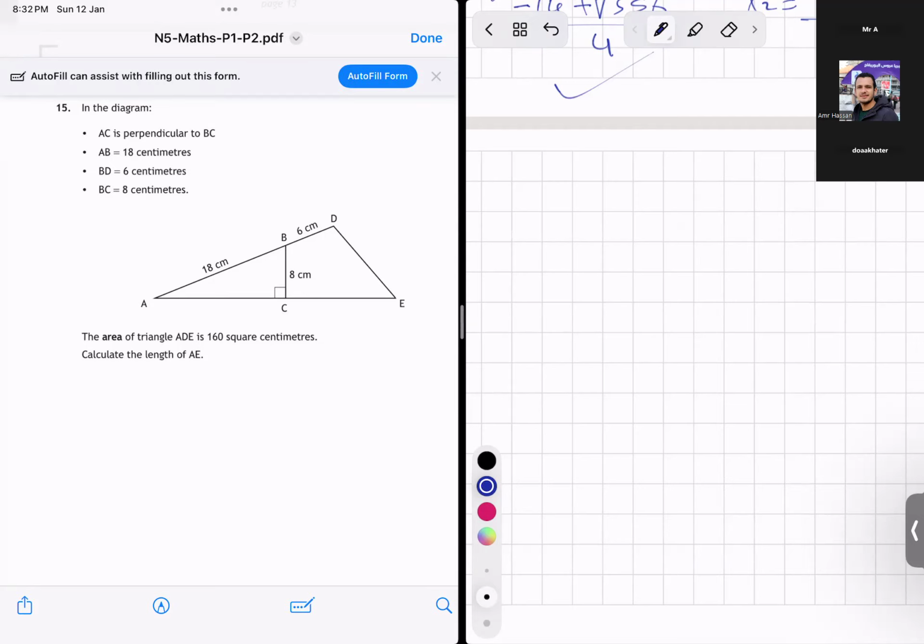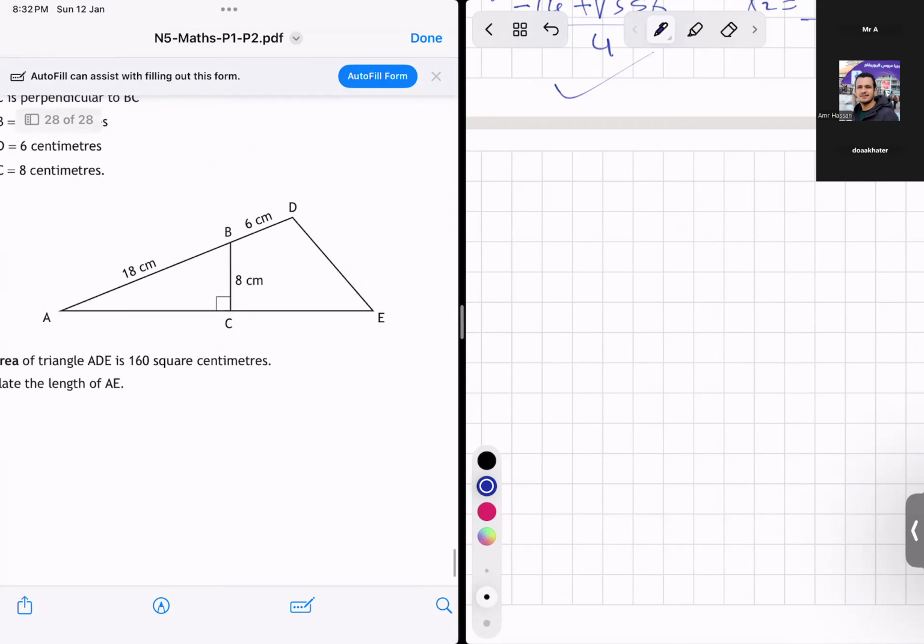But this one doesn't look like a right angle triangle. So in this case, you have to use the area formula, which is half times one side length times the other side length times the sine of the angle between them.